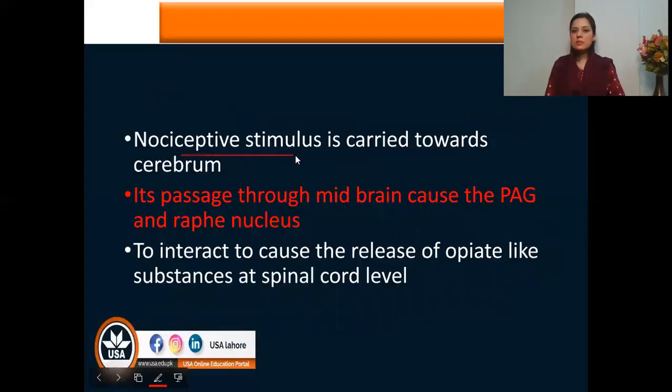As I said, nociceptor stimulation is carried towards the cerebellum. It passes to the midbrain, reaching the periaqueductal area and the raphe nucleus, to cause the release of opiate-like substances at spinal cord level.